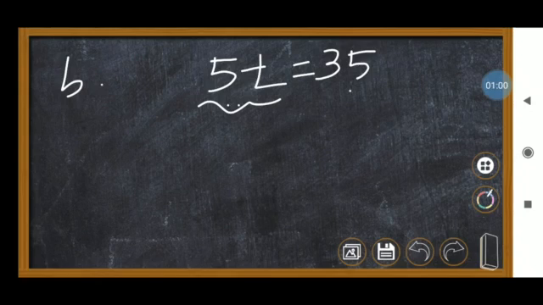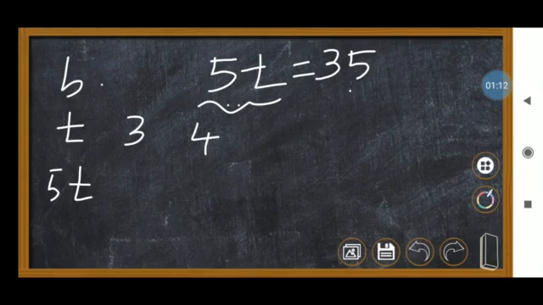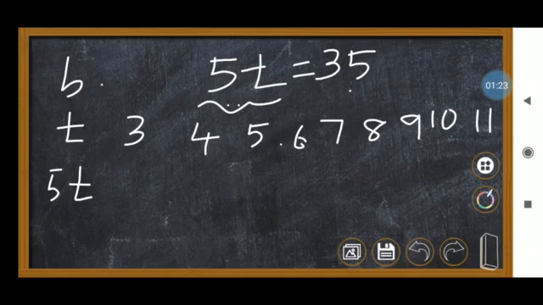They gave a tabular column, t and 5t. So first, t, what are the values? 3, 4, 5, 6, 7, 8, 9, 10, 11 and so on. It's going on, right?